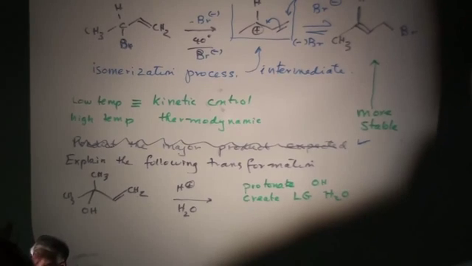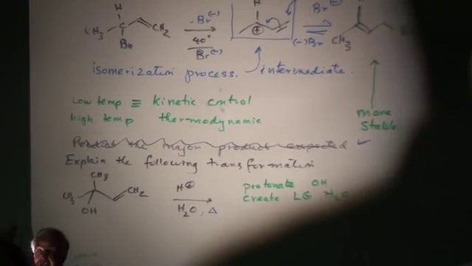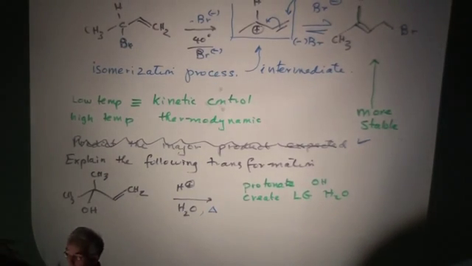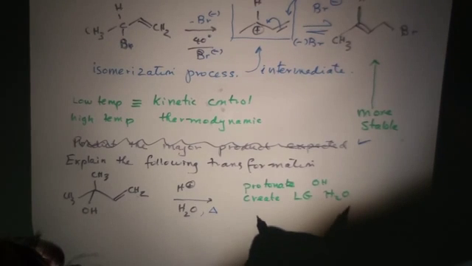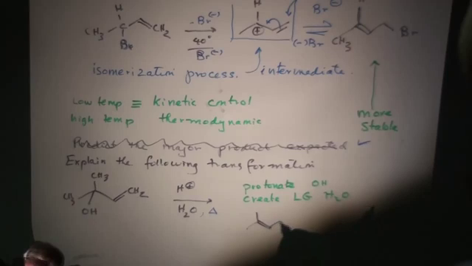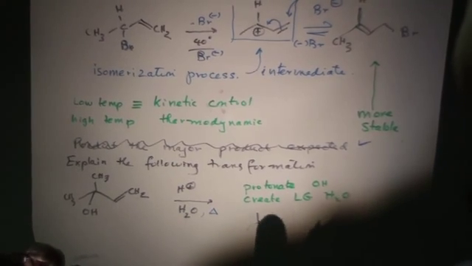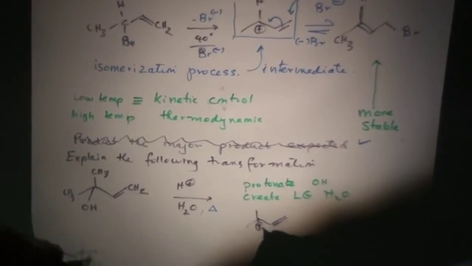And when it leaves, and we'll also put it under here that we're going to heat this thing. When it leaves, we end up formally with a positive charge there.